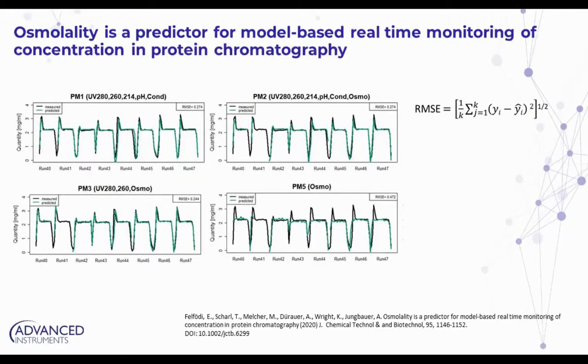So if you look at the experiments, I don't want to go through all the experiments we have done. On the lower right corner, of course, osmolarity alone would not be able to predict this product quantity. But UV 280, 260 and osmolarity have a substantially lower prediction error.